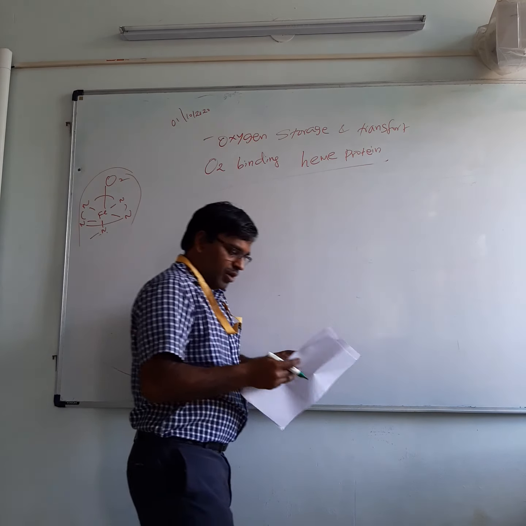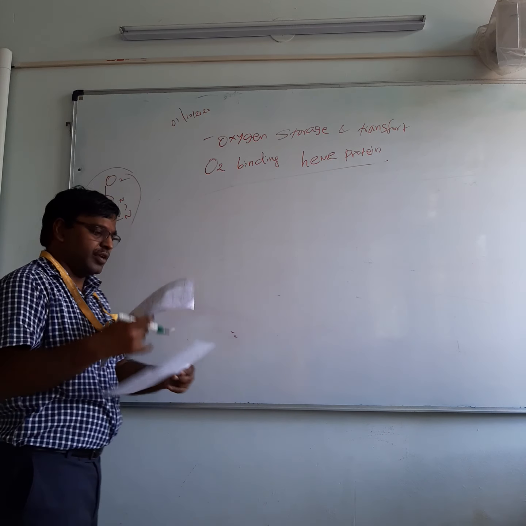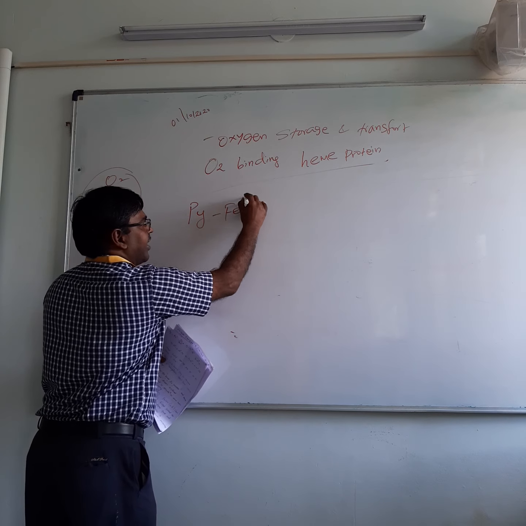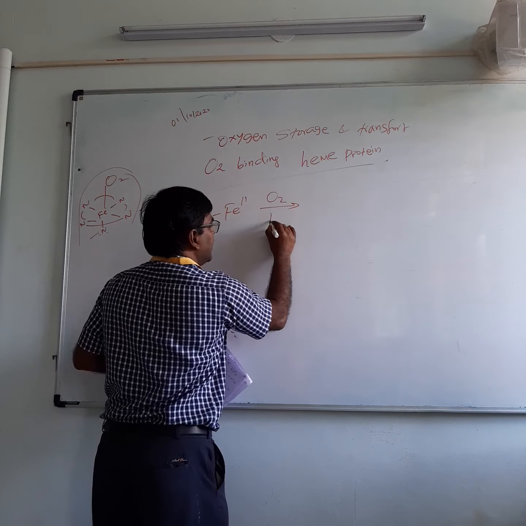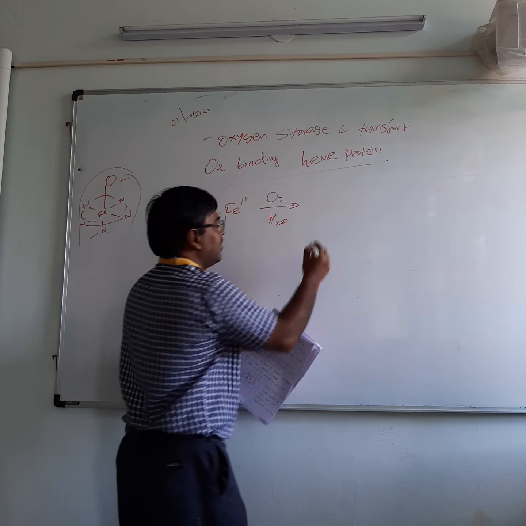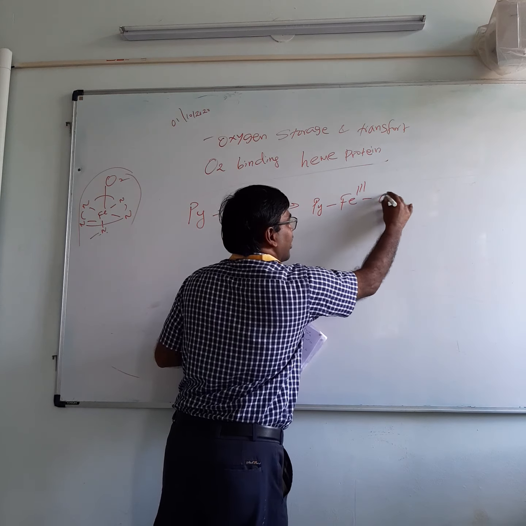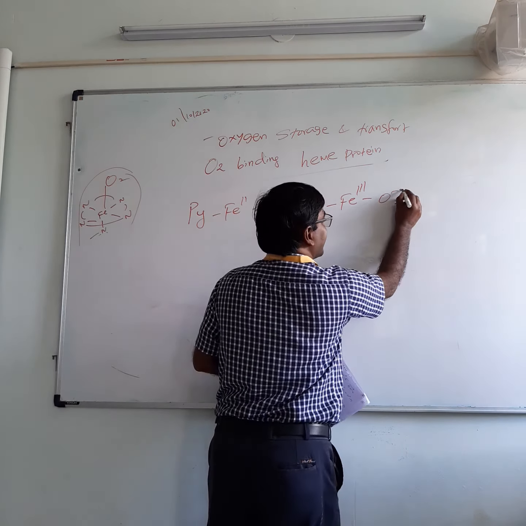Now what will happen when oxygen is there? Take a protoporphyrin in which iron 2 plus is there. If it is treated with oxygen in presence of water, iron 3 superoxide radical will form.